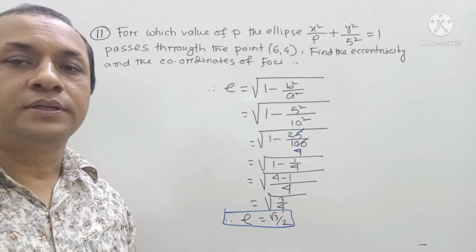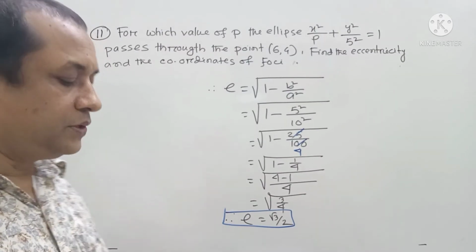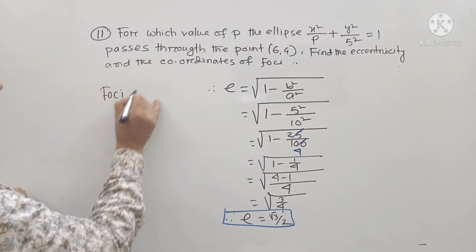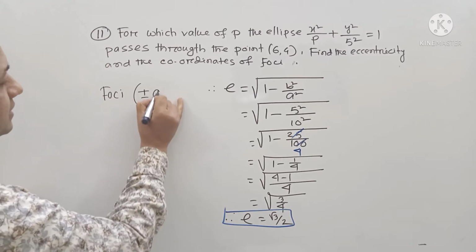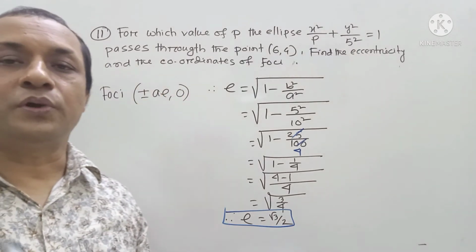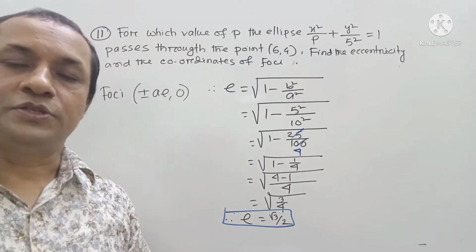So student, then find the coordinates of the foci. We know that the coordinates of the foci are plus minus AE, 0. You have learned, student, the coordinates of the foci are plus minus AE, 0.